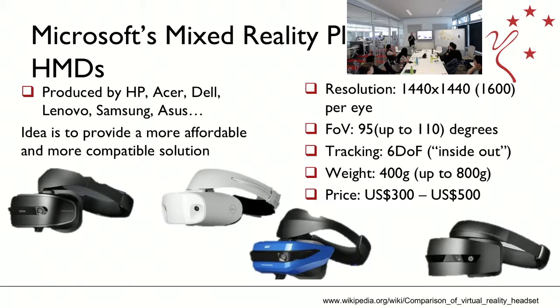So instead of having all these different units like we had here, we're going to have one platform that everybody can build to, and we'll just remove all of the differences between them so that we can have multiple vendors producing hardware, and the software people will produce for them because they know all the software will run the same. And then again, you see the price points and the tracking that's available, resolution, and so on.